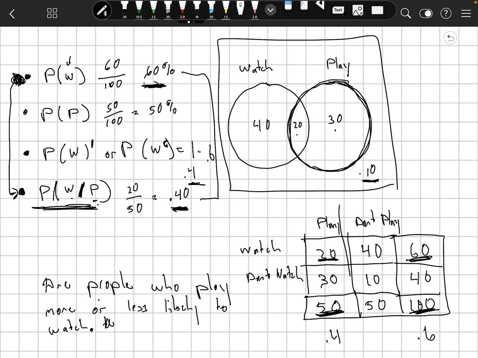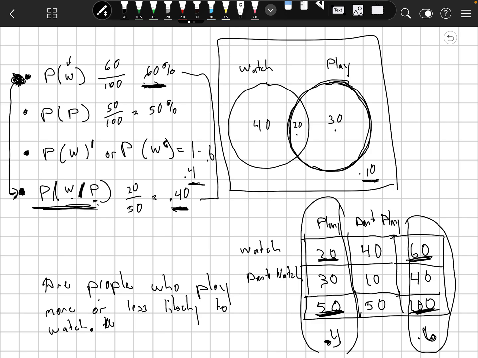So that's saying out of the people who play, fewer watch. There's only 40% compared to out of all the people surveyed, 60% watch. And so this is telling you that playing has some kind of effect on watching basketball.